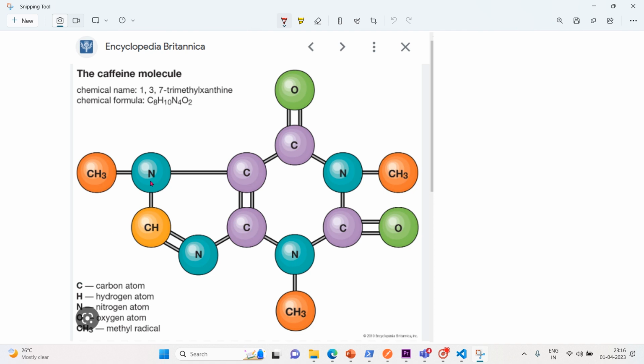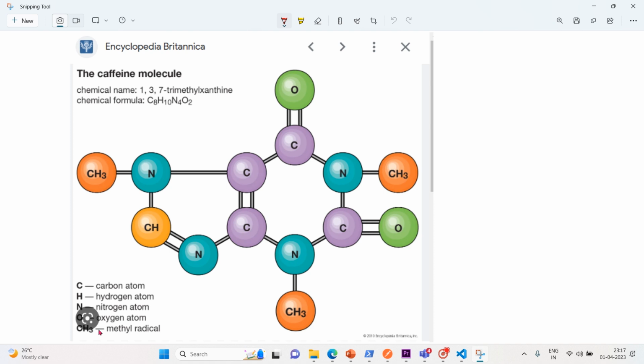C is a carbon atom, H is a hydrogen atom, N is a nitrogen atom, and O is an oxygen atom. CH3 is a methyl radical. So this is the atomic structure of the caffeine molecule, and it can be represented using graph data, using nodes and lines, where each node represents a particular atom.